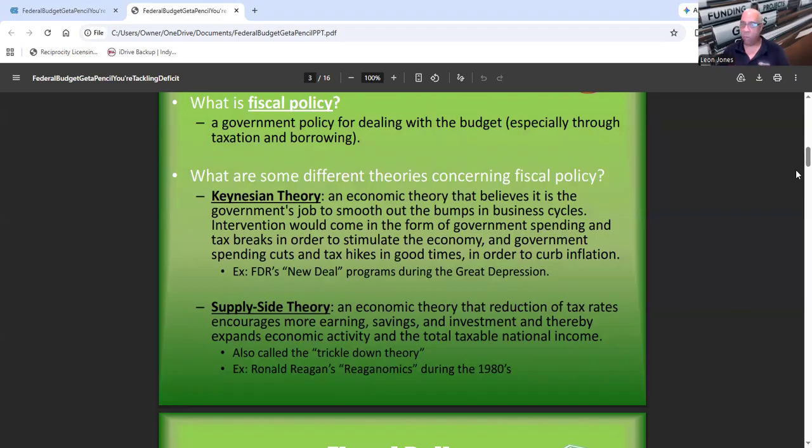You can save more, and then you can also spend more, but then you have more to invest. And what all of that does, it basically expands economic activity, because the economy works different ways. It works on the market, how much you spend.